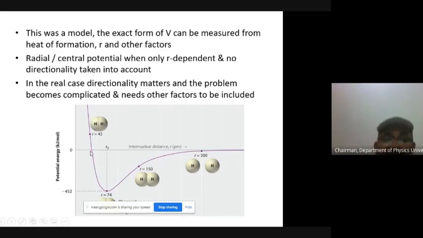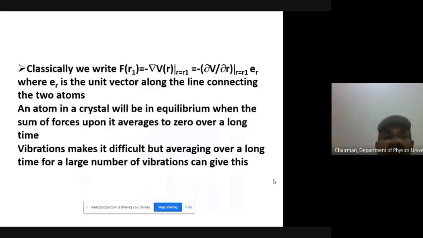And when you cross this again, the bond will start to break, the atoms will move away from one another, because of the Pauli principle, because the two electrons cannot occupy the same quantum state.